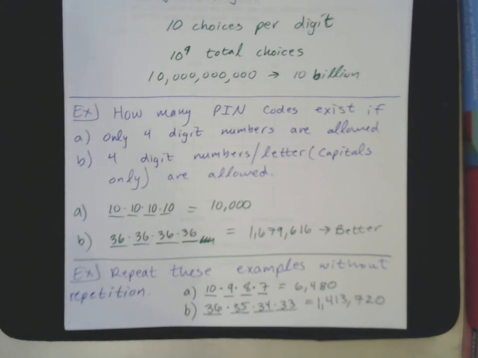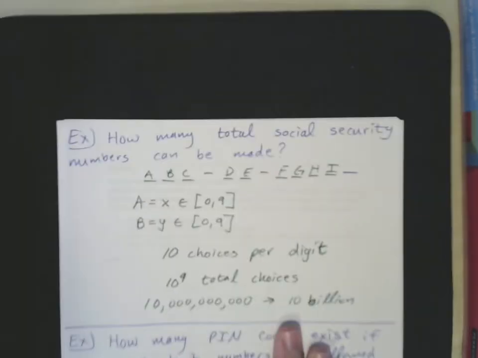So you can adjust and increase security, but it also makes it harder because if your bank is storing your PIN number, it has to store all of these combinations and make sure that they're all possible. So there's a lot more computing power behind this for the more options.